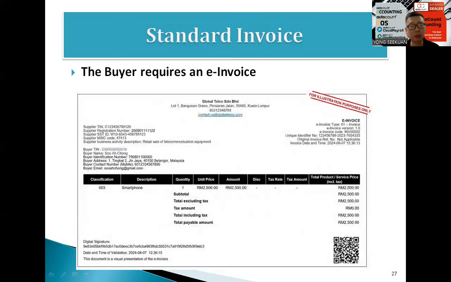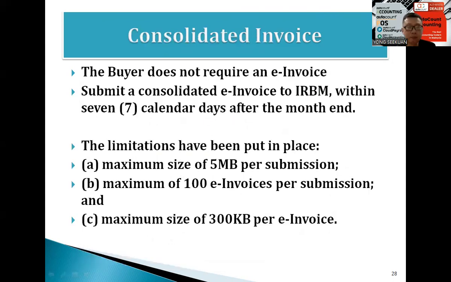It means when you print this invoice for your customer and they want to check whether this invoice is valid, they just scan this QR code. You get what I mean now? So you don't need to change your format, but you need to ask your programmer or your software dealer to help you add this QR code to your format. So that is the standard invoice.